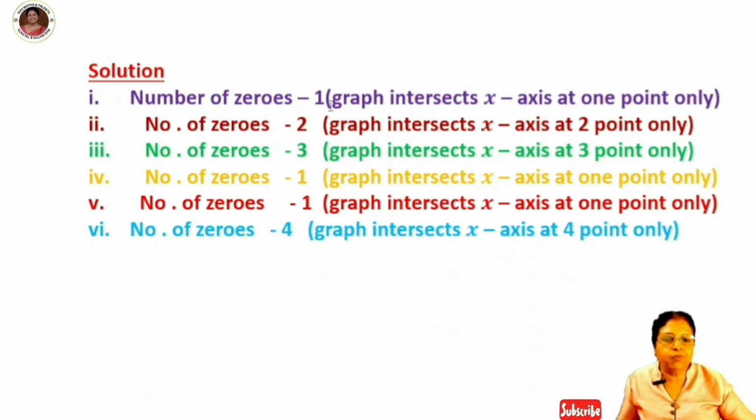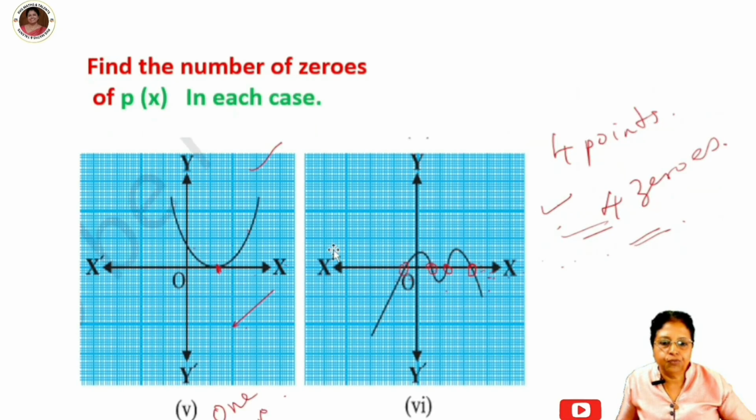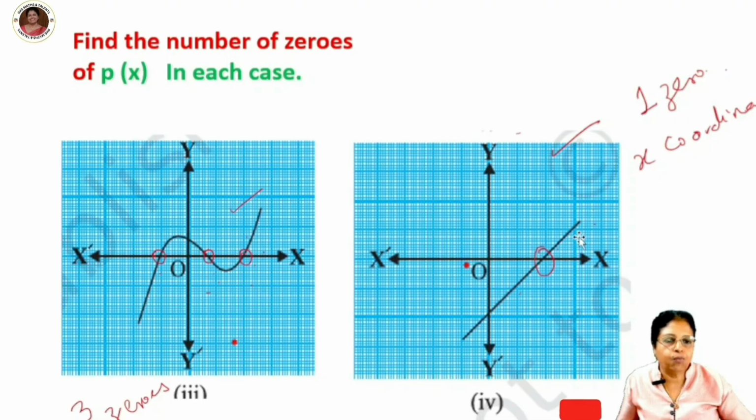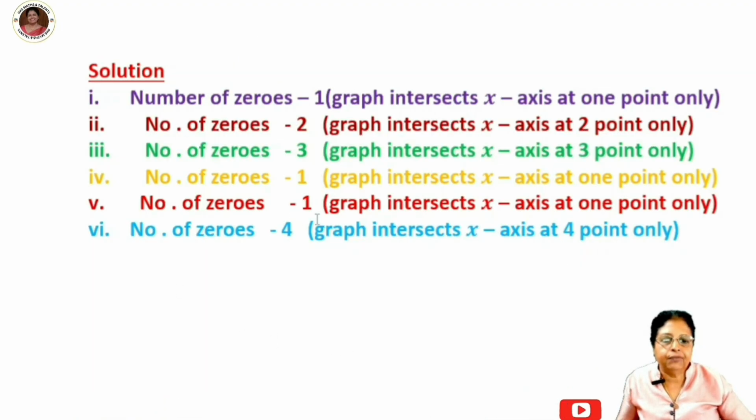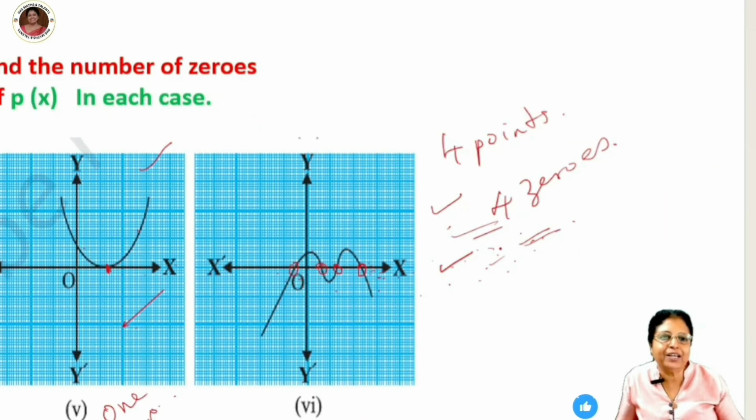Number of zeros is 1 in the first case, 2 in the second case, 3 in the third case, 1 in the fourth one. Then in the fifth case, it is 1, and in the sixth case, it is 4. Okay. I think all of you understood this. That means the geometric meaning of the zeros of a polynomial.